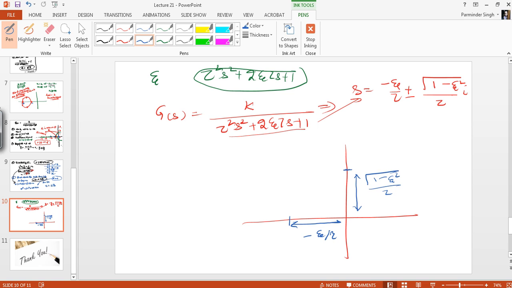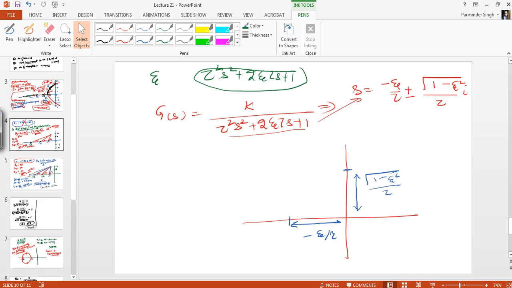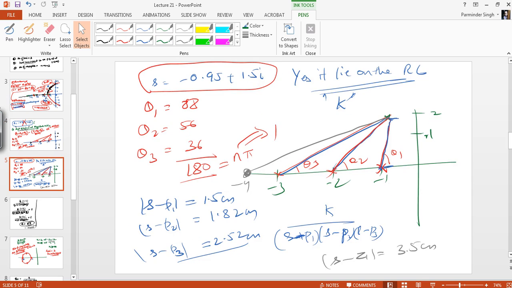Clear? Now let's suppose, in this example, we checked whether this point lies on the root locus or not. Now corresponding to this particular point, we need to find zeta. Suppose this point is lying on the root locus, and we need to find the damping factor for it.